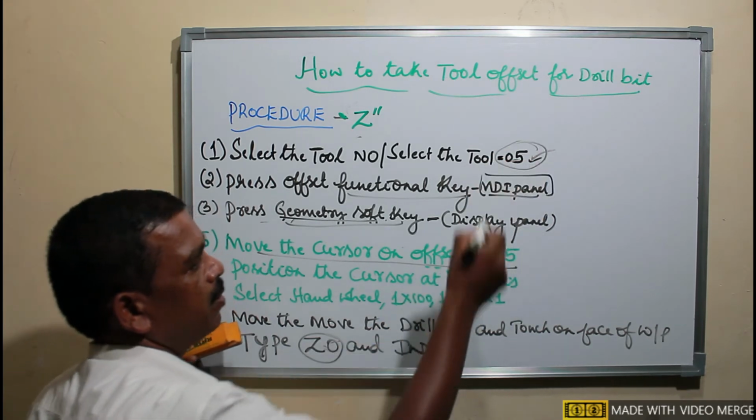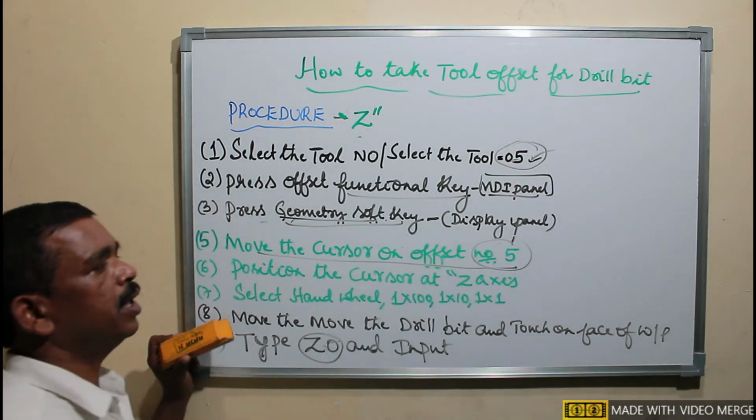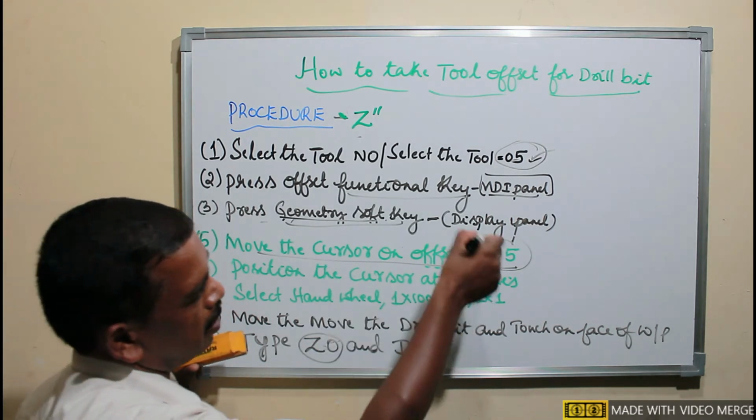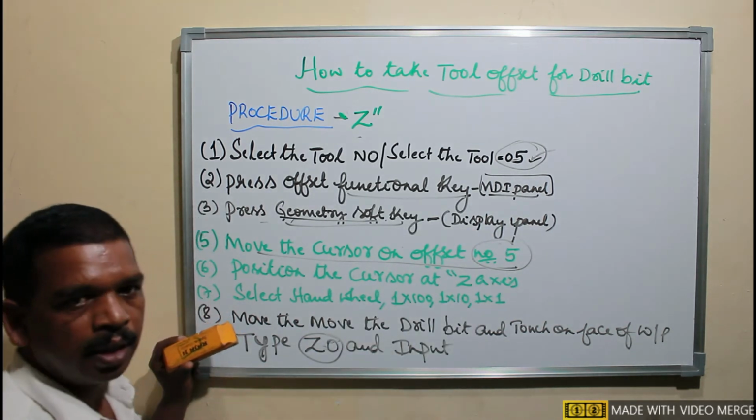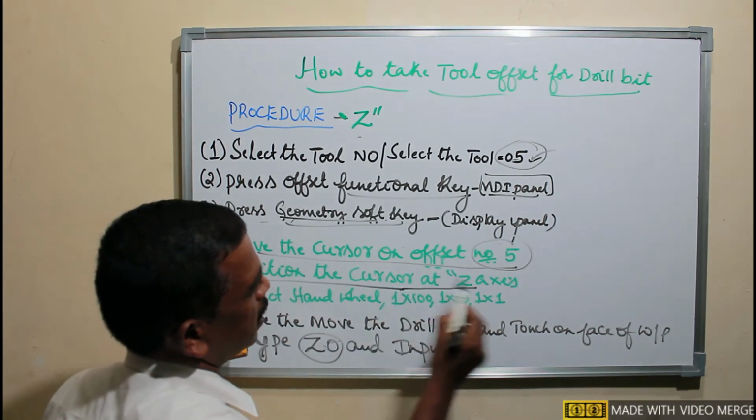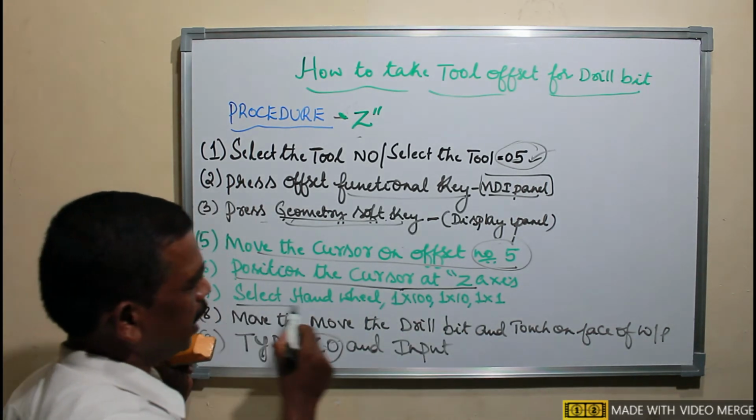If the tool is 5, I will do the offset in the offset number 5. For that reason, I have to position the cursor on 5, and we have to position the cursor at z-axis box and select the hand wheel.